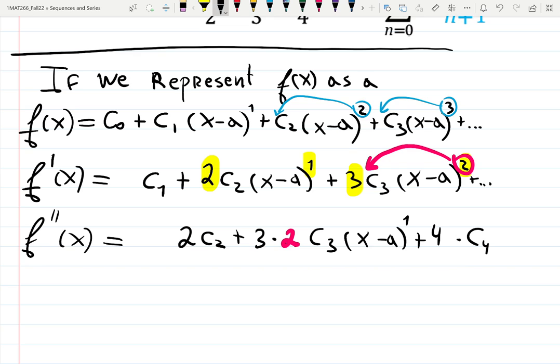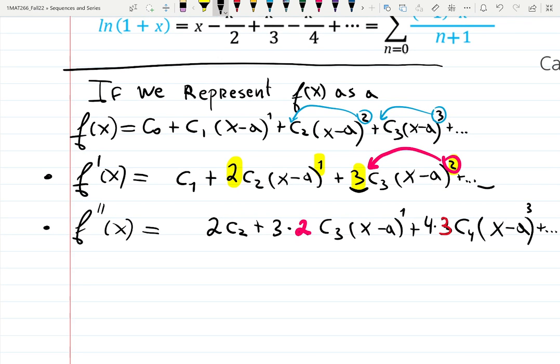So 1 up, exactly. Because this original one was 3. Now it will be 4. 4 times what? Times 3. Amazing. Because 3 will go down. c sub 4, x minus a to the third. Yes or no? Squared. Good job.